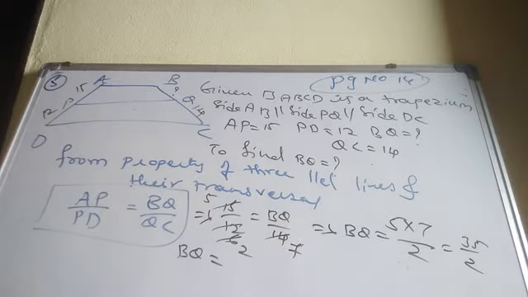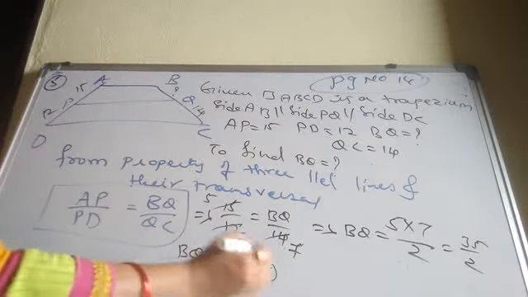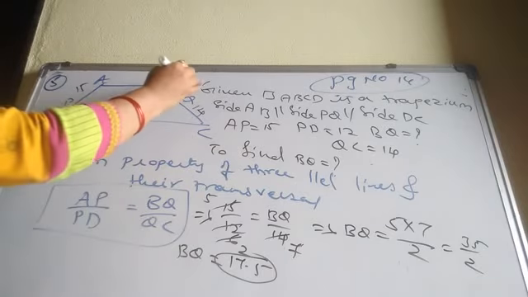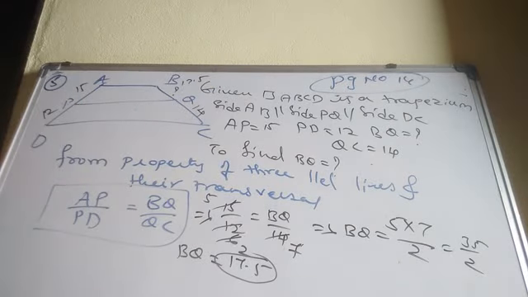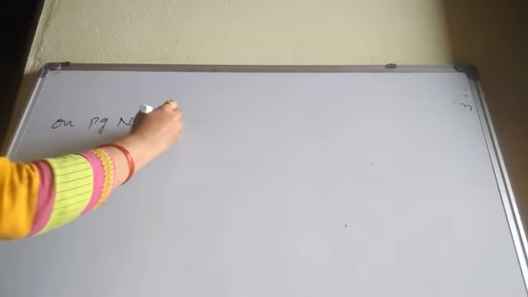BQ equal to 35 upon 2 means 17.5. Therefore, BQ equal to 17.5.